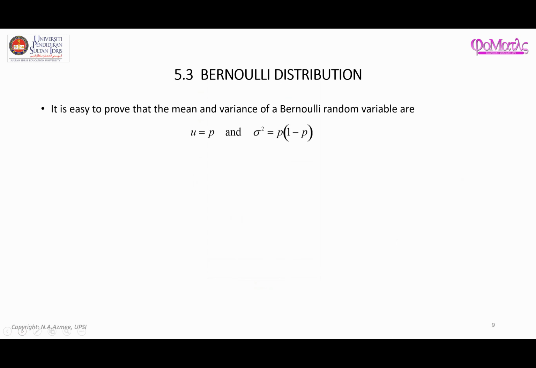For example, how can we prove that the mean is equal to p and the variance is p(1 minus p)? Again, we're going to use the same idea, which is the idea of expected value, which you have seen in chapter 4. Let's start off by constructing a table, because that's quite easy to do.